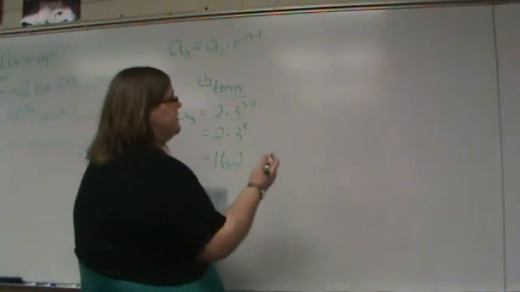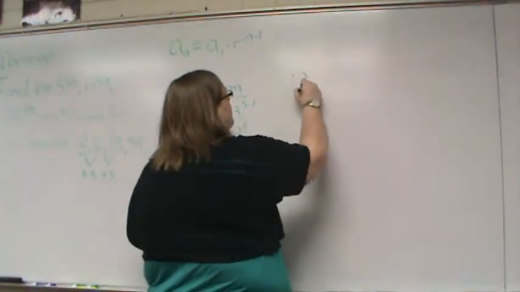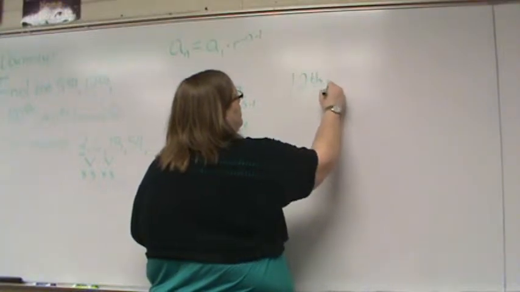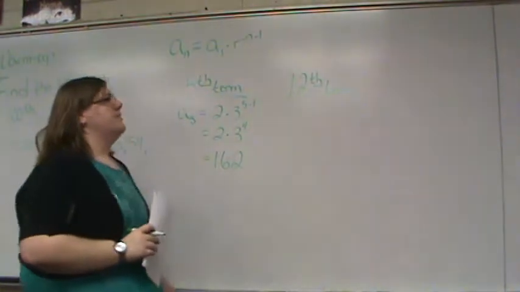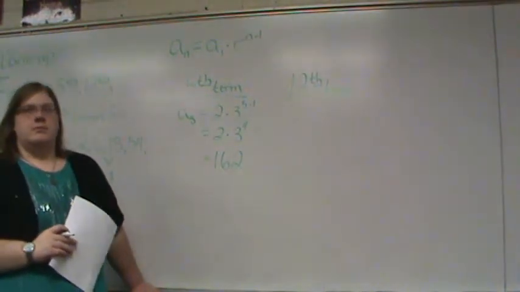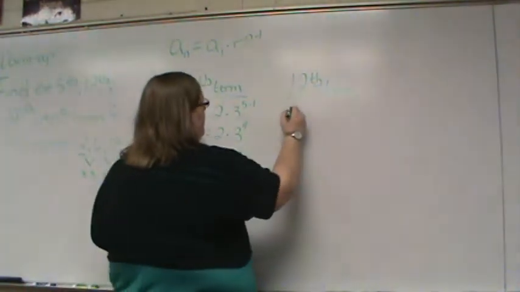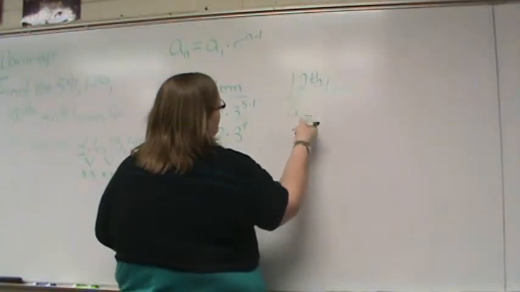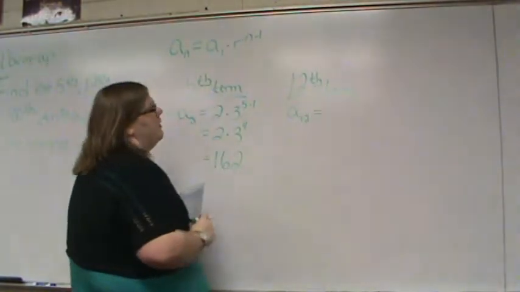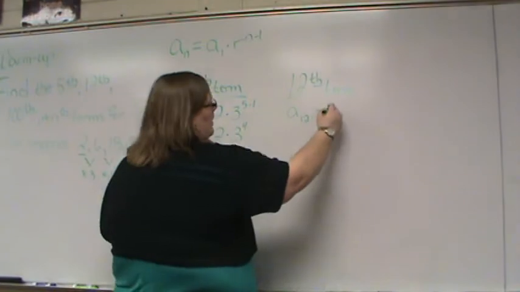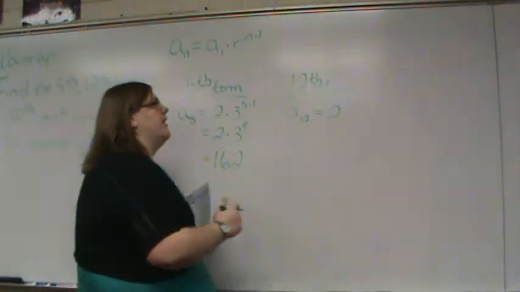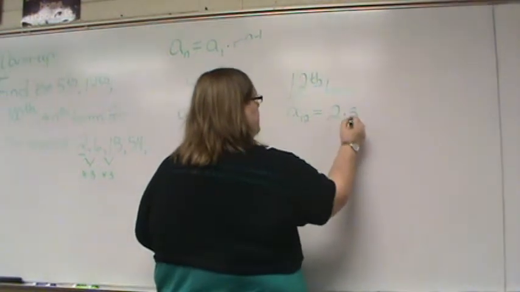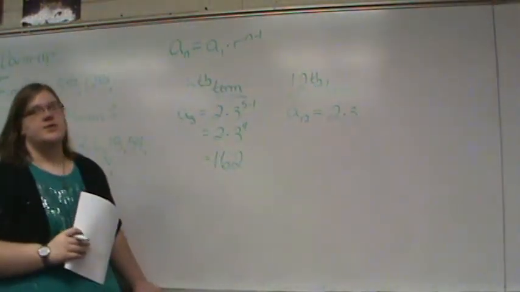So then we want to find the 12th term. How do we find the 12th term now? So this time again we have a sub 12, and our a1 value is still 2, and our r value is still 3. What happens to our n minus 1 value?